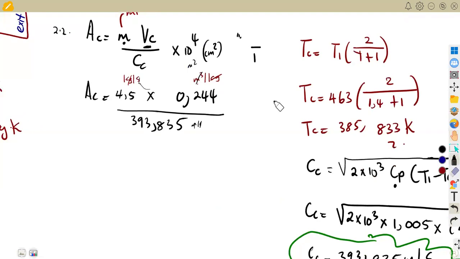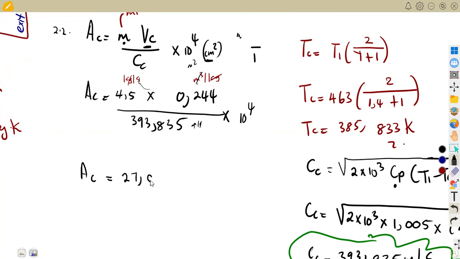But remember, I said we must multiply by 10 to the exponent of 4 as a conversion to square centimeters, because the area is needed in square centimeters. So the area at the throat, if we do it like this, we are going to obtain 27,8796 something like that.